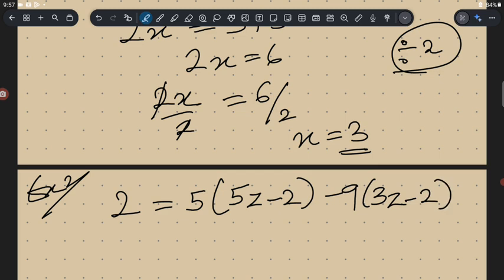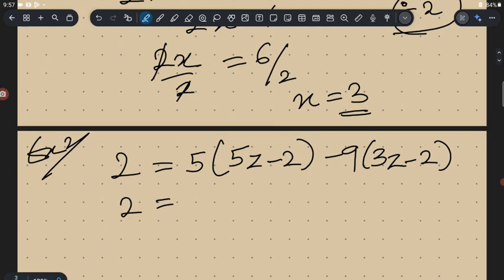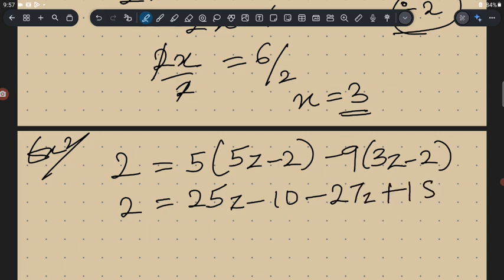So we'll be expanding the brackets one by one. 5 multiplied by 5z will give us 25z minus 10, minus 9 times 3 will give us 27z plus 18. Now we try to collect like terms to make it easy to solve.